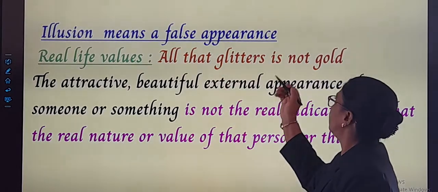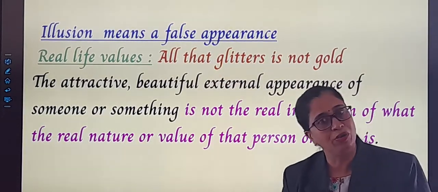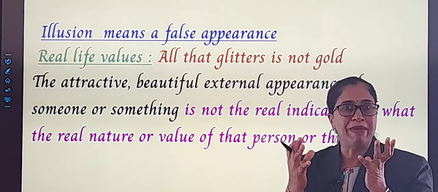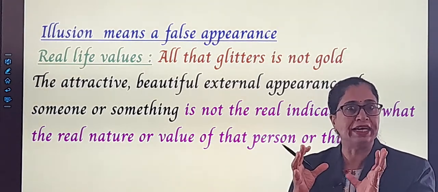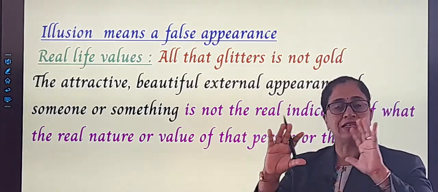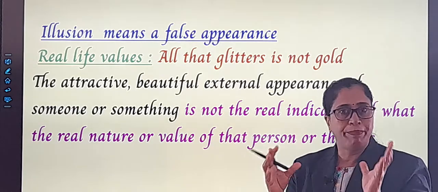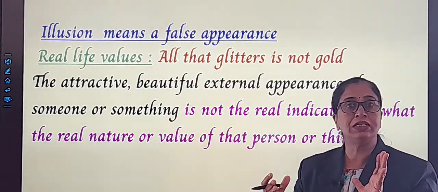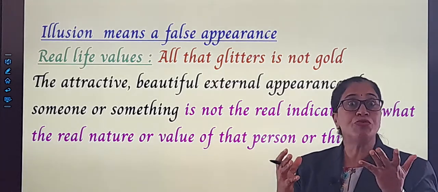All that glitters is not gold. We all know that gold is a shiny metal that glitters, it has a shine. It's not just the external shine or beauty that makes gold precious. Why is gold precious? Because of its true nature.